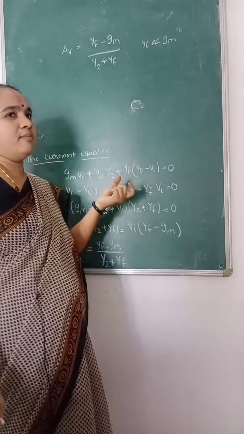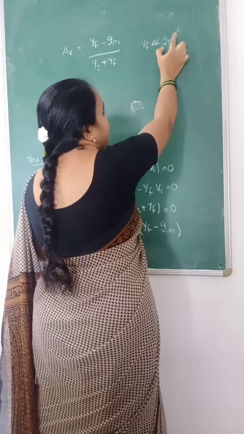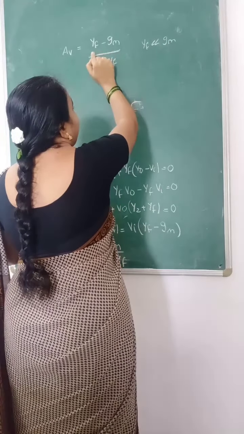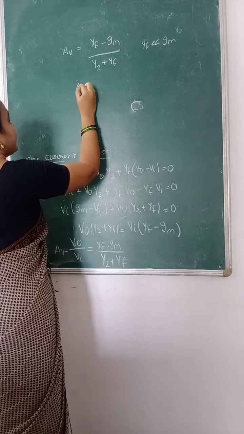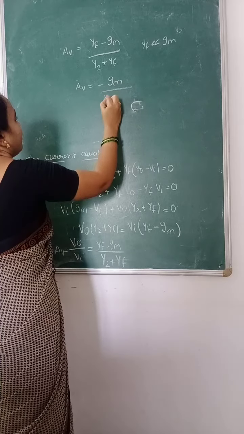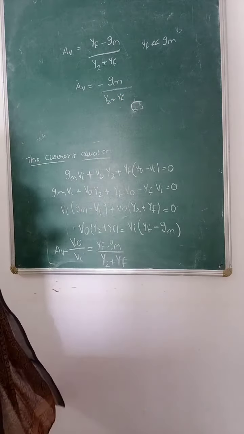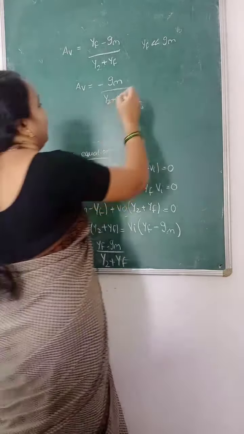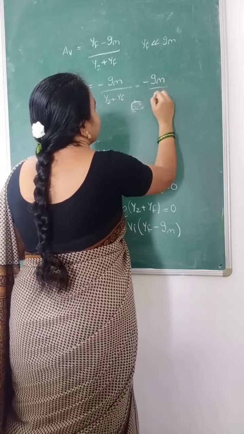Capacitance is the small element here, which is the blocking capacitance, and Gm is the current gain. So we can neglect this Yf, and hence the voltage gain will be minus Gm divided by Y2 plus Yf. Let us write this Y2 plus Yf as Y0.